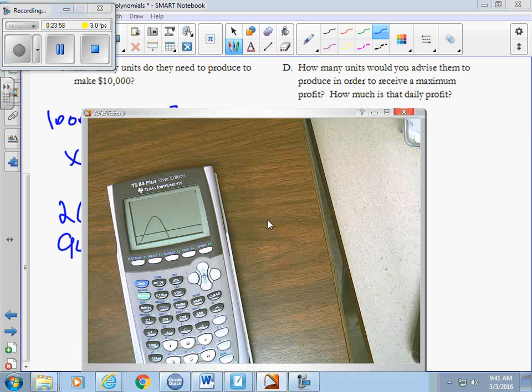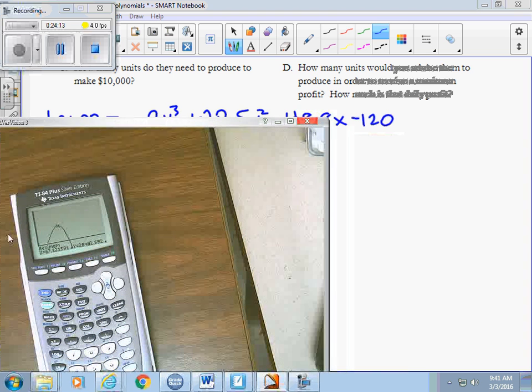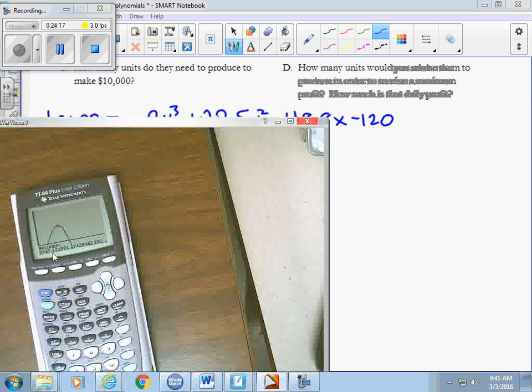And push enter again. And the maximum is at 67.121, 28,482. It asks 2 questions. How many units do I need to produce? Would you agree about 67,121 or 122? Everyone see how I got that?